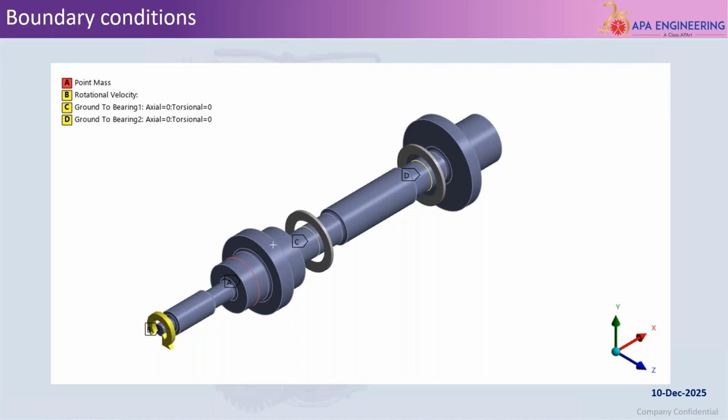We will constrain the bearing element such that the x-axis is along the spin axis, so we will constrain the translation in its direction, and also rotation about its direction. That's what the C and D boundary condition says.